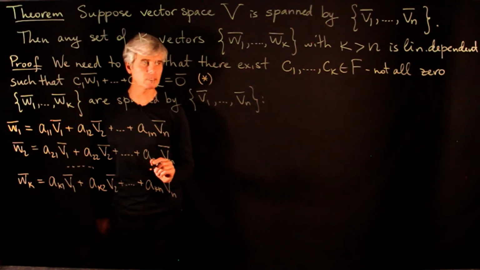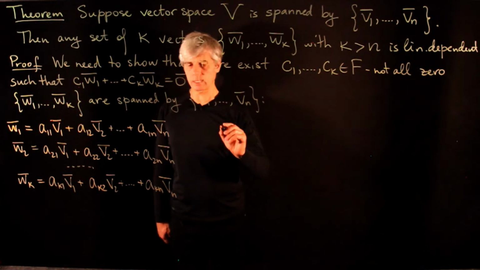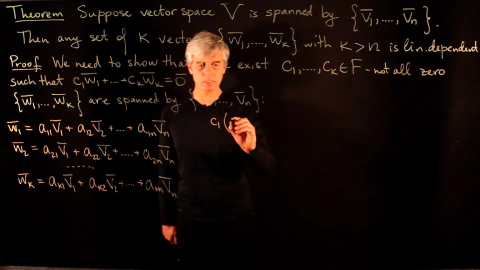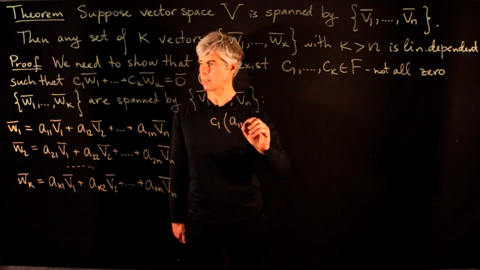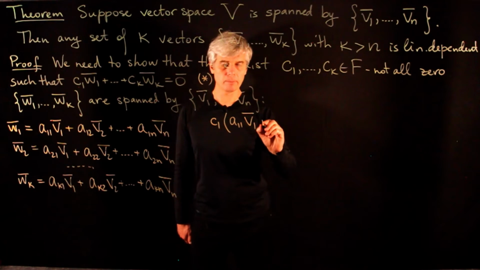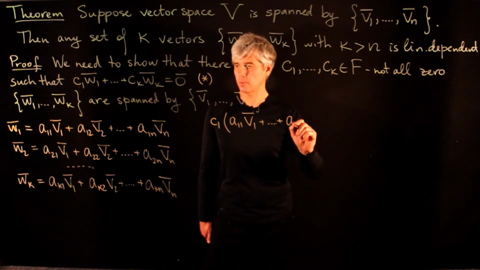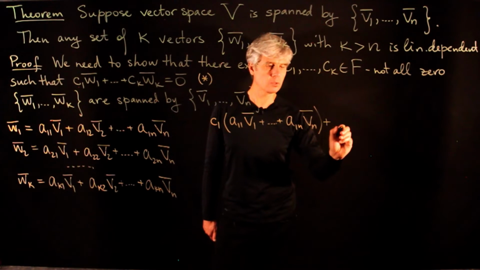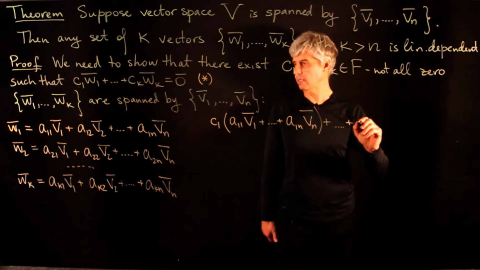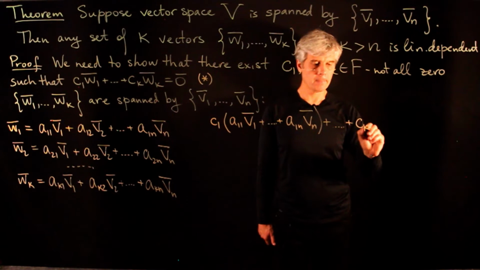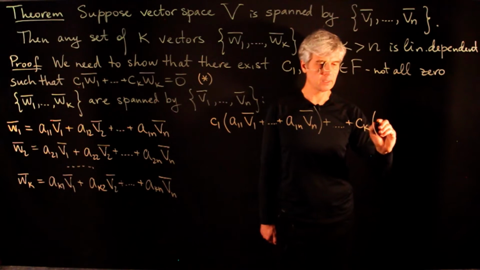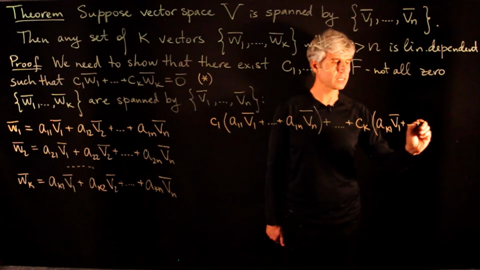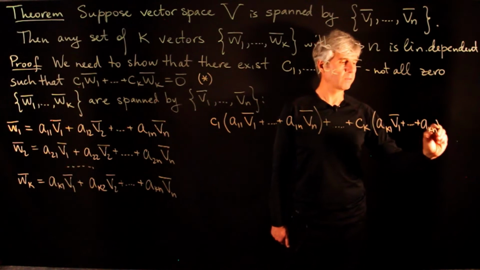We get c1 times w1, so this will be a11 v1 plus ... plus a1n vn, plus dot dot dot, plus ck times ak1 v1 plus ... plus akn vn.